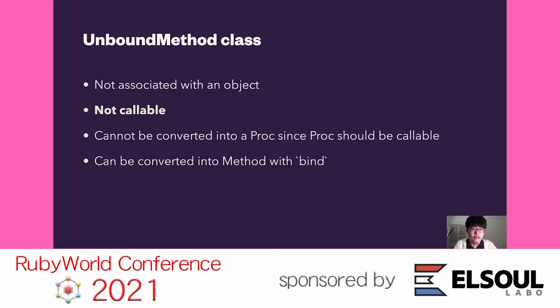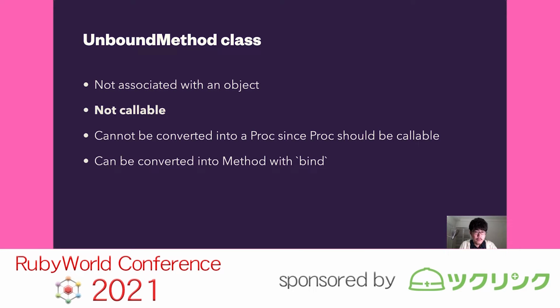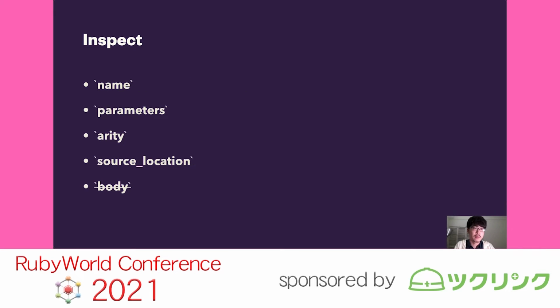The most important point here is that it is not executable, and it is also not possible to convert into a Proc. If it cannot be called, it cannot be a Proc. The missing information about which object it will be linked to can be added with the bind method, and by doing that, it can be changed to a Method class object.